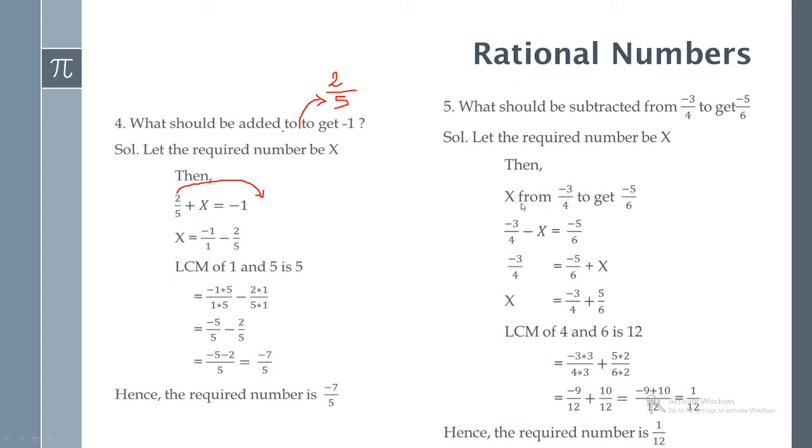So minus 3 by 4 minus x is equal to minus 5 by 6.